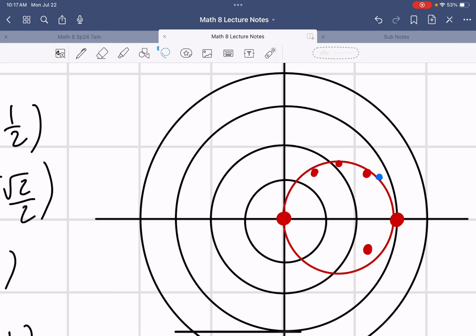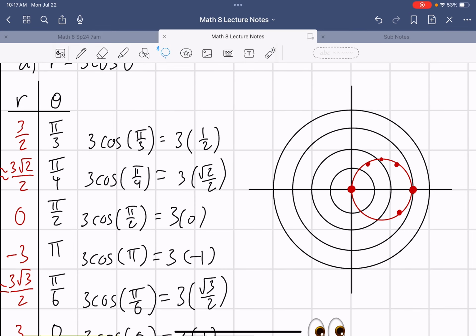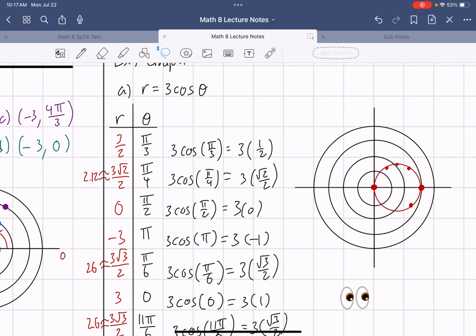And of course, my graph isn't perfect. I should have made this point more here. But this makes a circle.